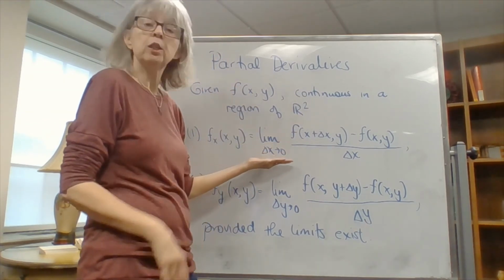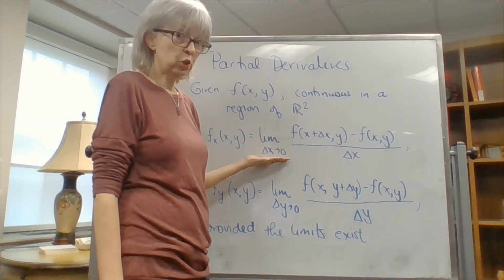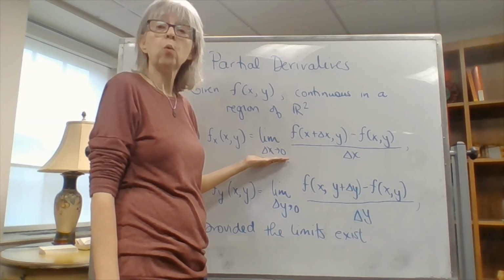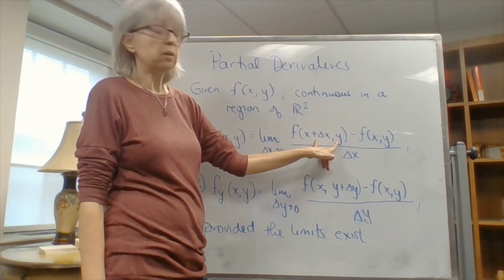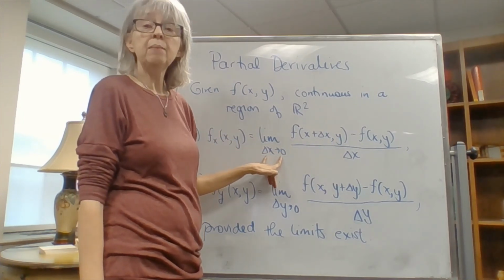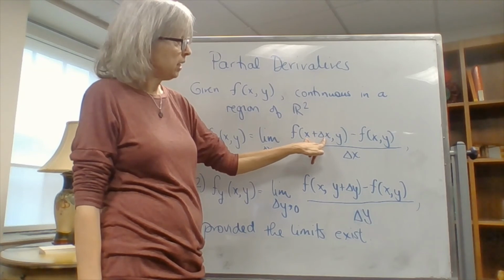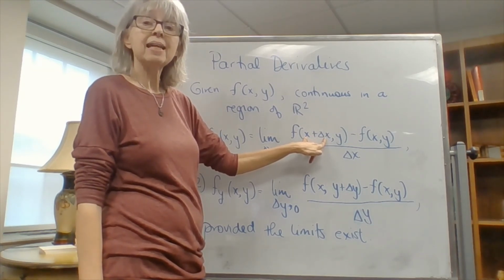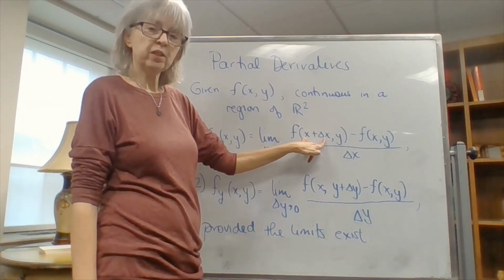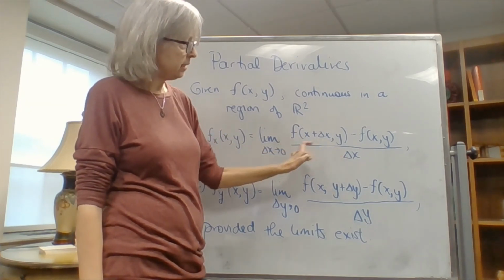So I have something that looks very much like the definition of the derivative from way back in Calc 1, but you'll notice that y here has nothing to do with my limit. The only place where my limit impacts what's going on inside this new version of the difference quotient is right here at the delta x's.